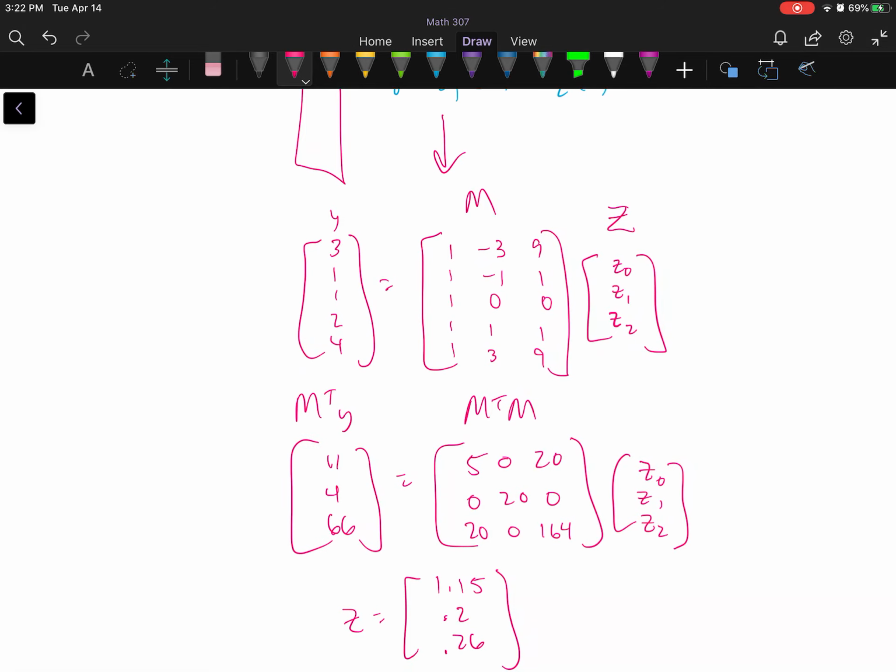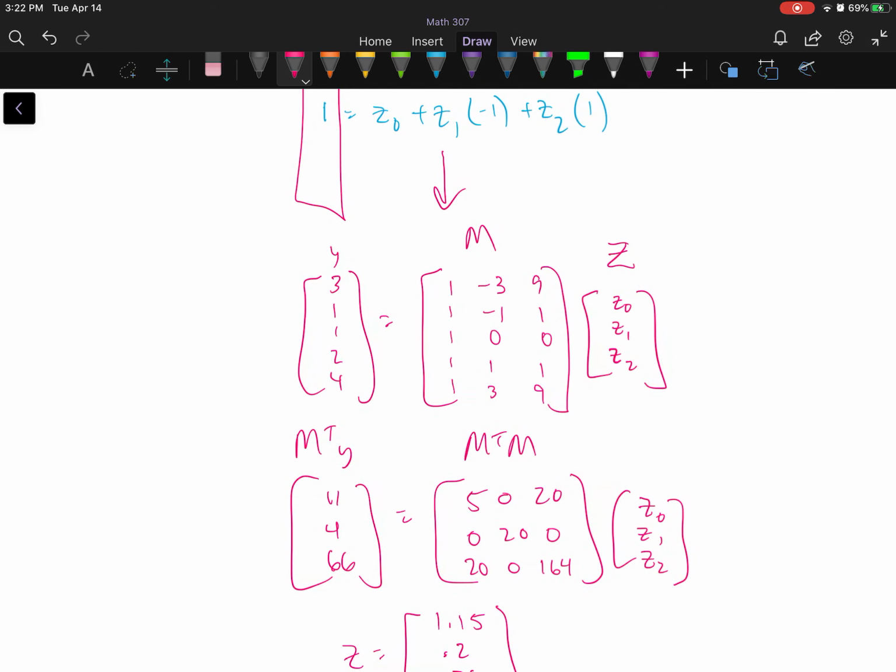I had you do it a second way, where instead of using just these plain old columns of M, I had you turn those columns of M into an orthogonal basis for the subspace. Make sure that you normalize them so that they had a length of 1. And then some really nice things happen, like M transpose M actually turns out to be the identity matrix.